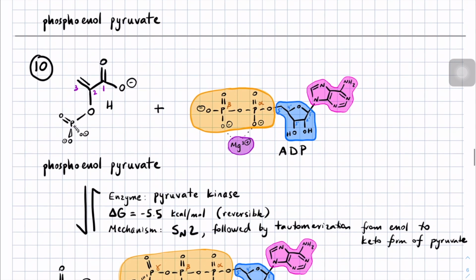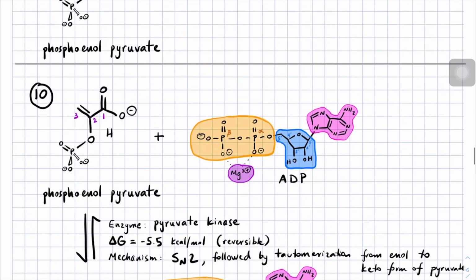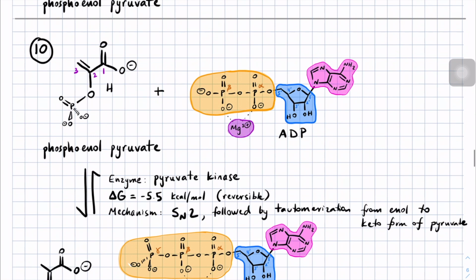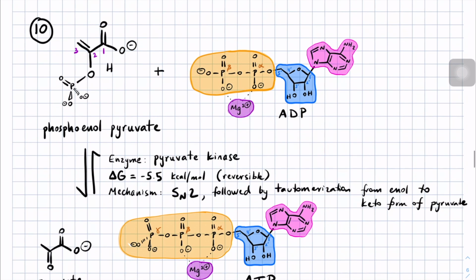At this point we're going to generate 2 new extra profit bonus molecules of ATP. Remember, we have 2 molecules of phosphoenol pyruvate for every molecule of glucose that goes through. So the mechanism is going to be SN2-like, as we did before.